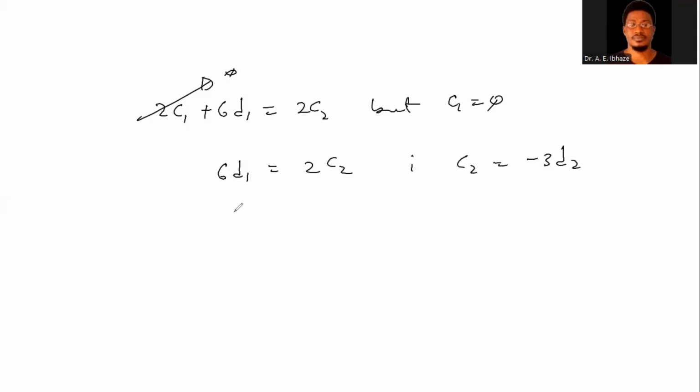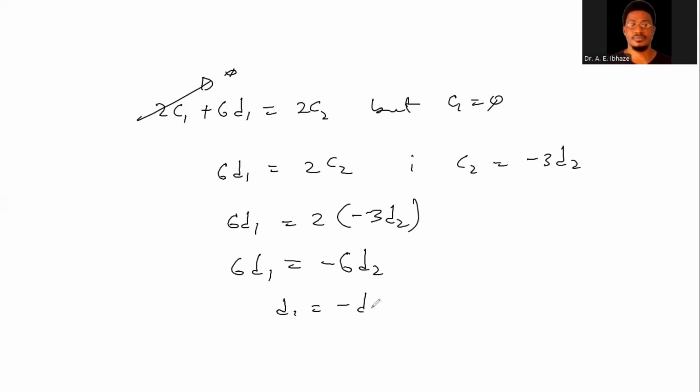So once we plug that in, we have 6d1 to be the same as 2 into bracket negative 3d2, which would be negative 6d2. And then we can say that d1 is the same as negative d2, and also d2 is the same as negative d1.